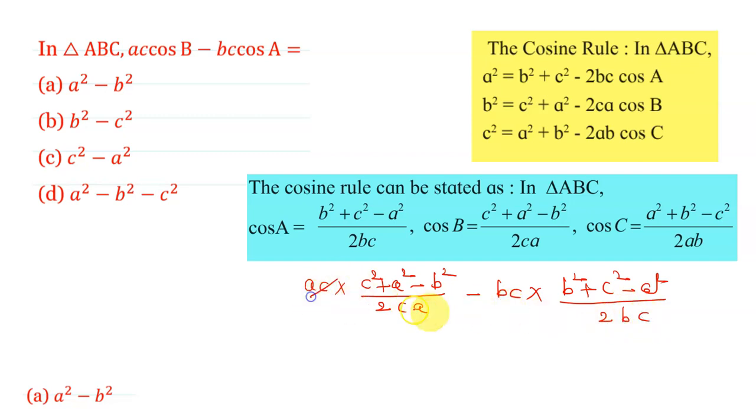Okay, AC, BC get cancelled, and you will get here C square plus A square minus B square. Both denominators will have 2.